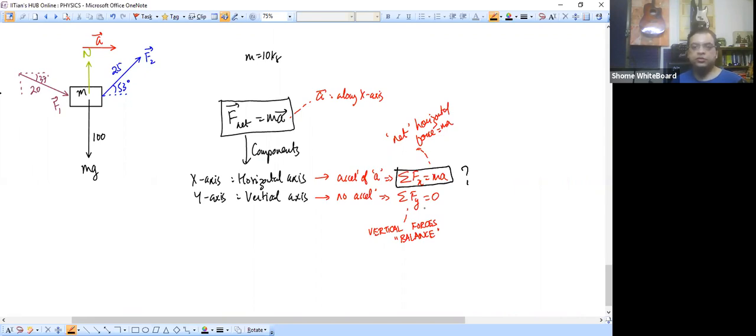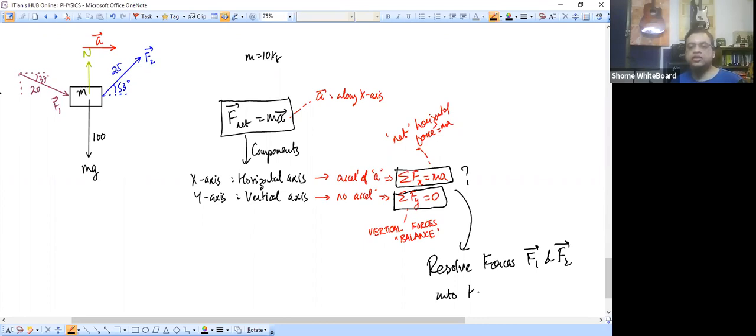And we need to find out this equation separately. So for this, what we have to do is resolve the forces F1 and F2 into horizontal and vertical components. That's the next step.